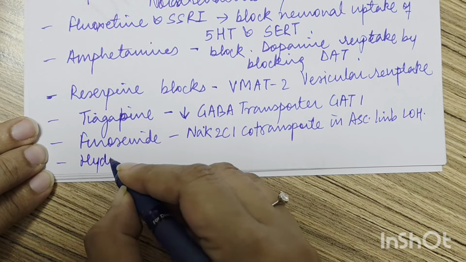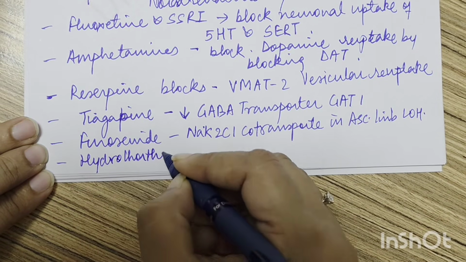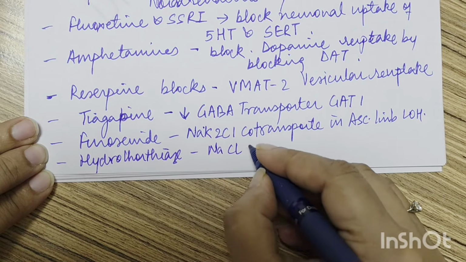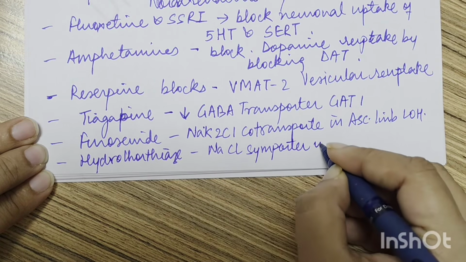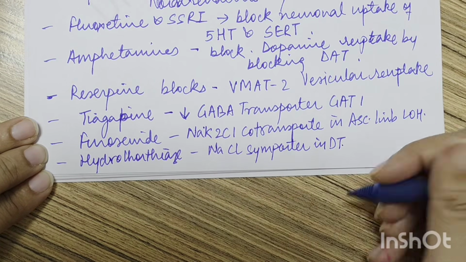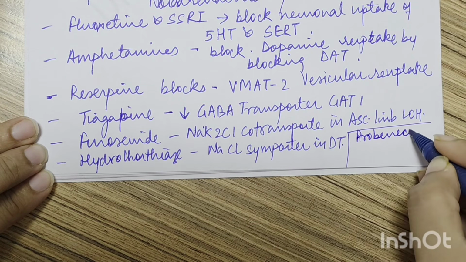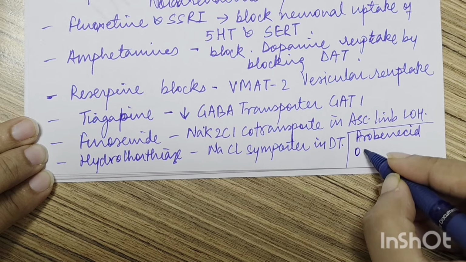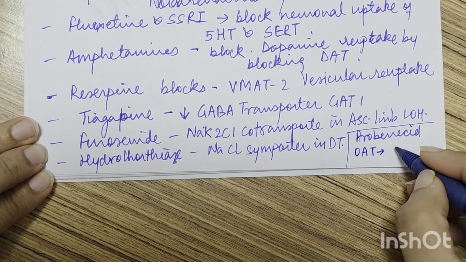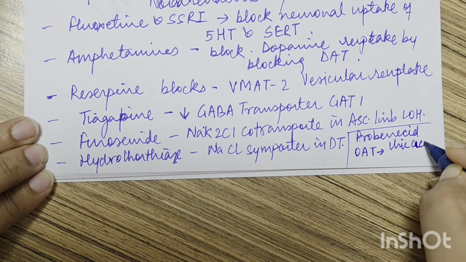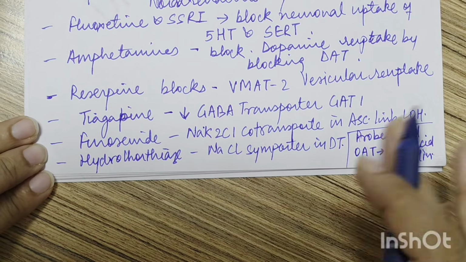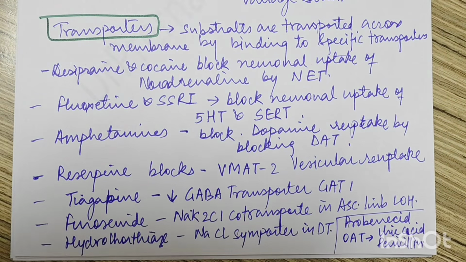Or for example, hydrochlorothiazide inhibits the sodium chloride symporter in the early distal tubule. Then another very famous example, probenecid, inhibits the organic acid transporter. So it inhibits uric acid reabsorption and penicillin secretion. So these are the two drugs on which it acts. So this is the example of transporters and how the drugs exert their action through transporters.